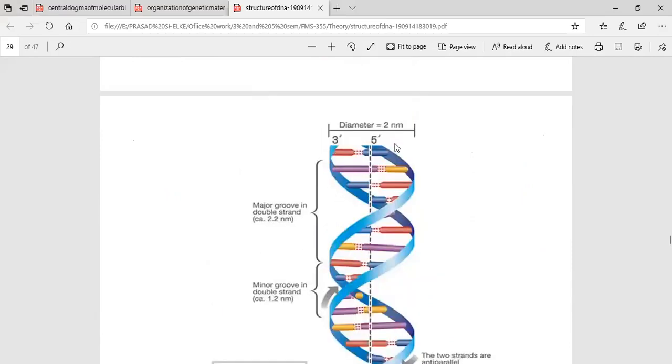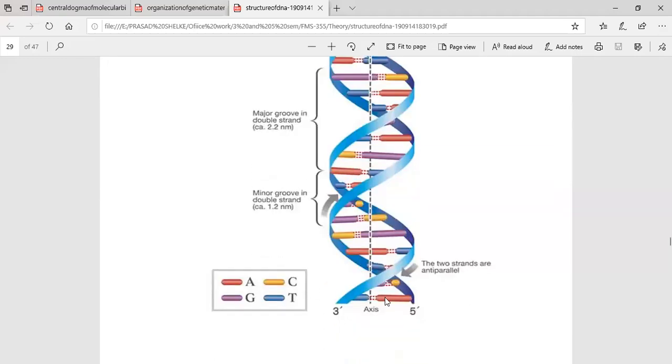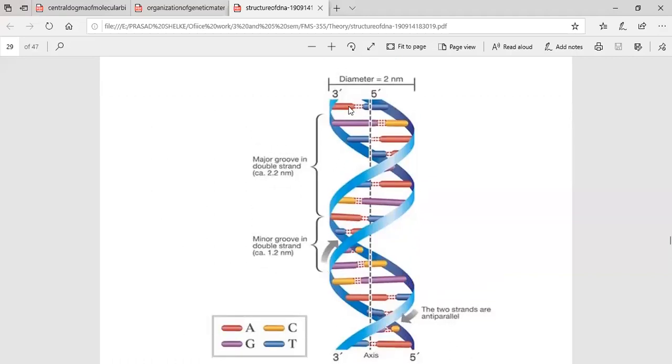So here you can see the Watson and Crick helical model of DNA. These dimensions and all these figures are important from your exam point of view. So the diameter of this DNA molecule is about 2 nanometer. And each strand is separated, and the distance between each base is about 3.4 angstrom unit.